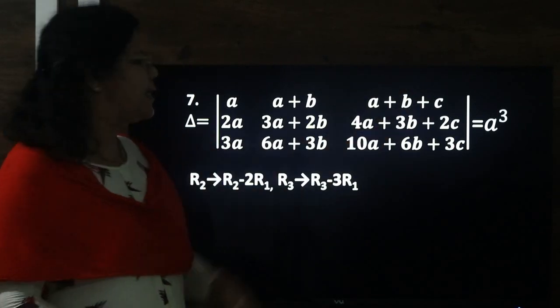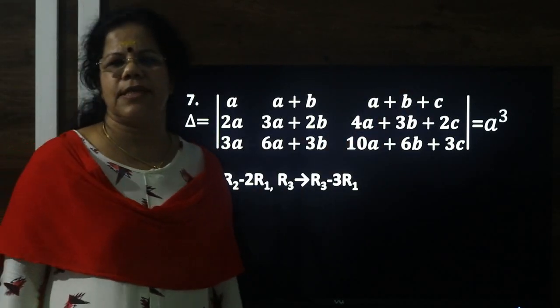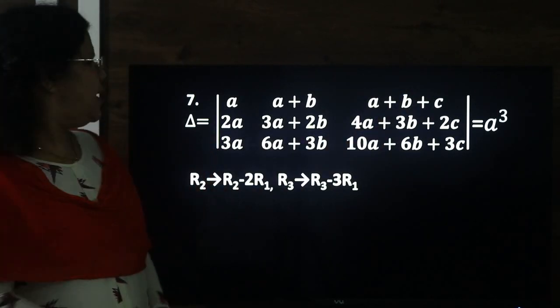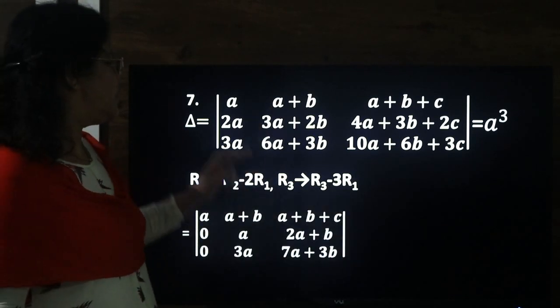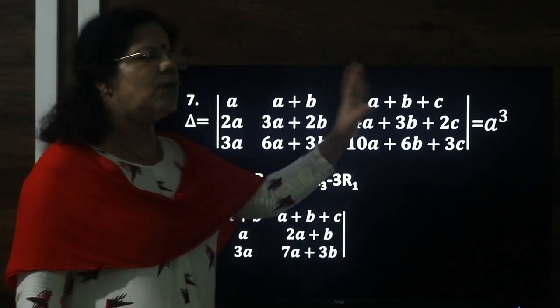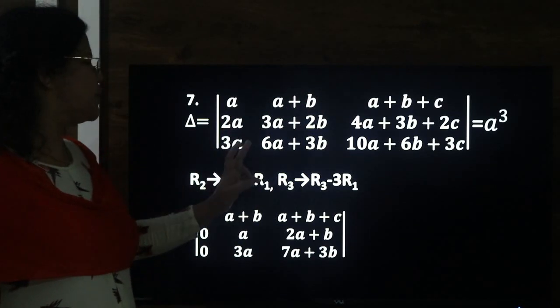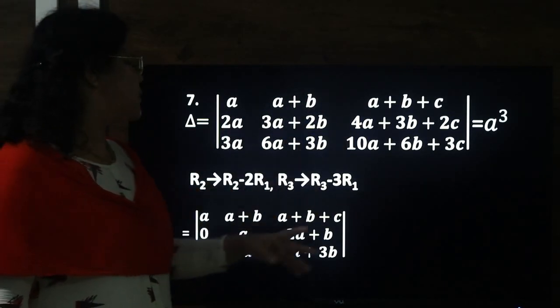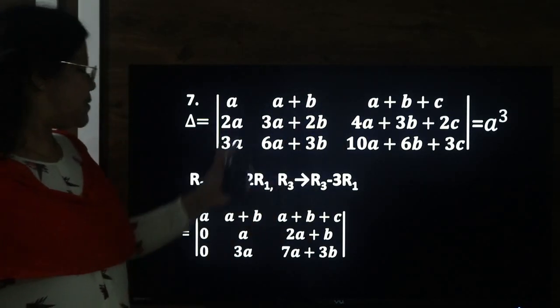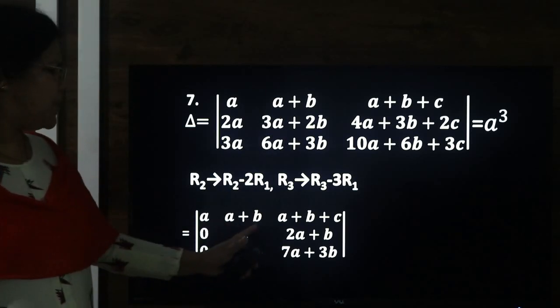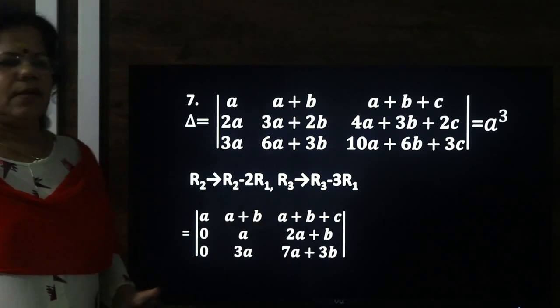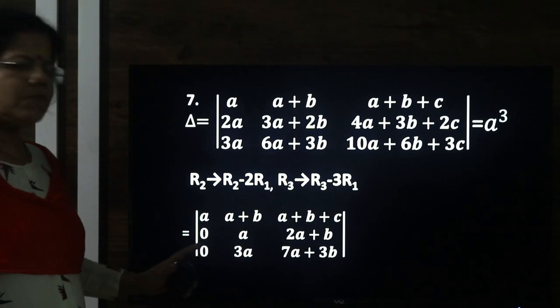First row does not change, only second and third row. It is a, a plus b, a plus b plus c. These two elements become 0.